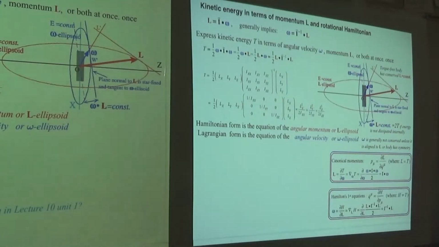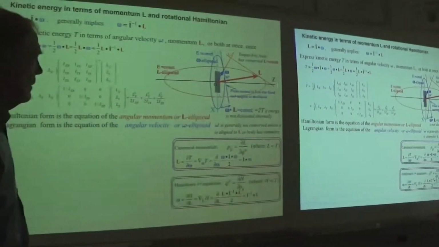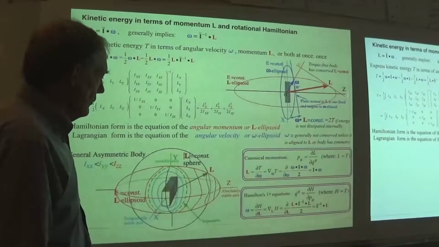And then the flip of that is, Hamilton says, no, you don't do it that way. Turn your thing around so that you use the inverse of that matrix, and the derivative of that with respect to angular momentum will be your angular velocity. Okay, so that's it in a nutshell for rigid bodies.